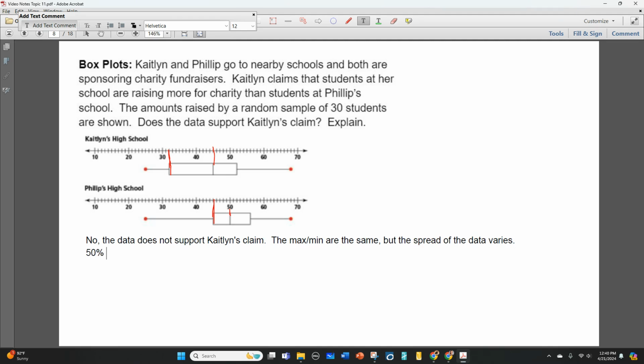Okay, so 50% of students at Caitlin's school raised between $32 and about $52.